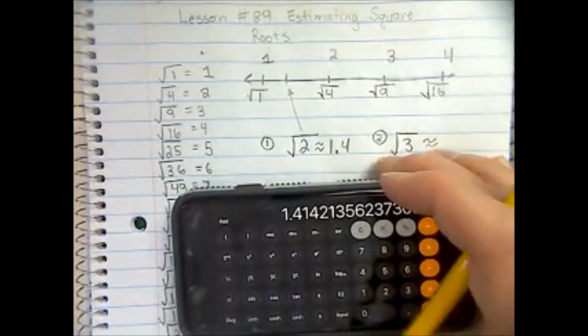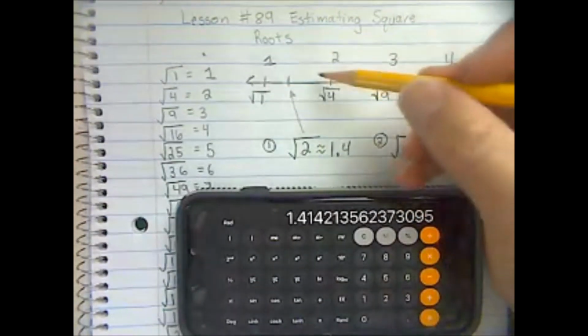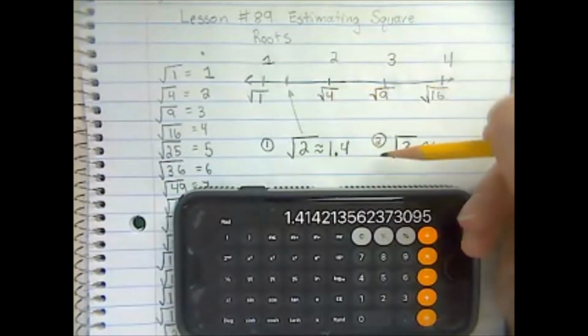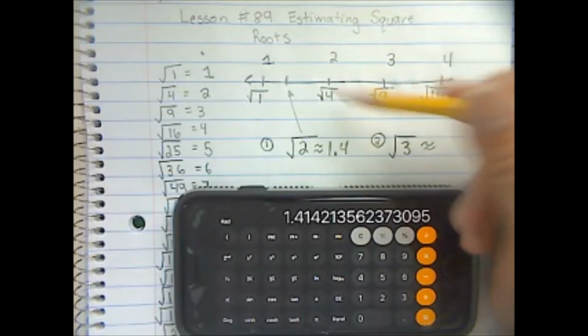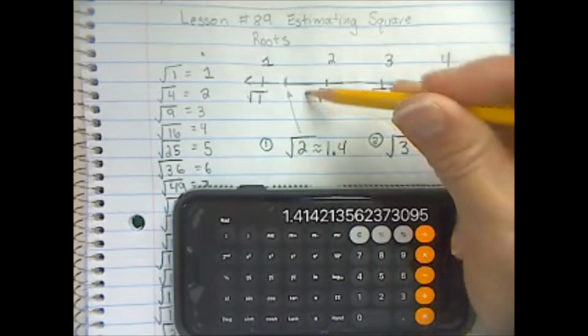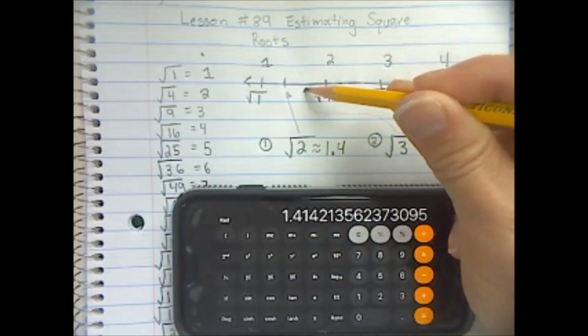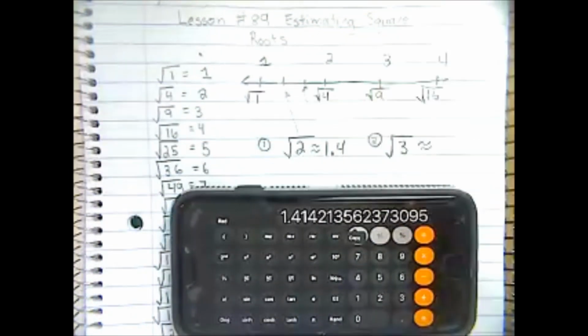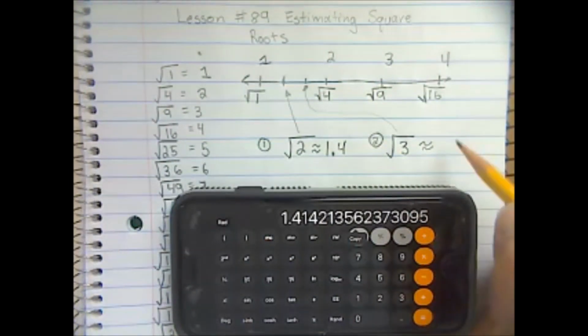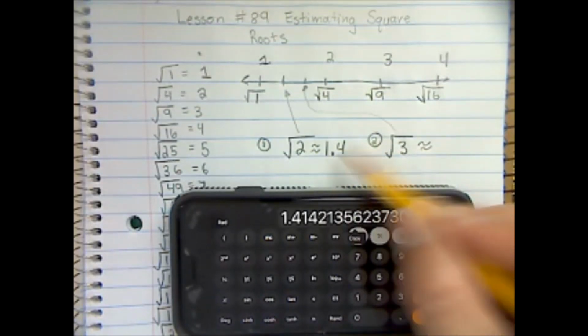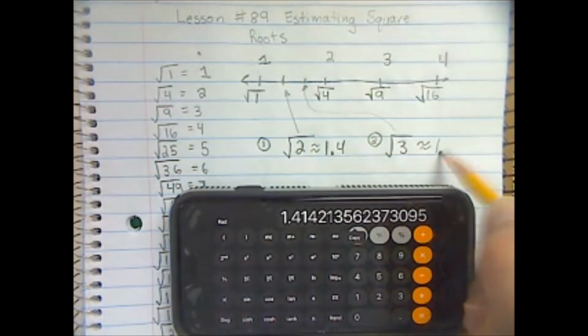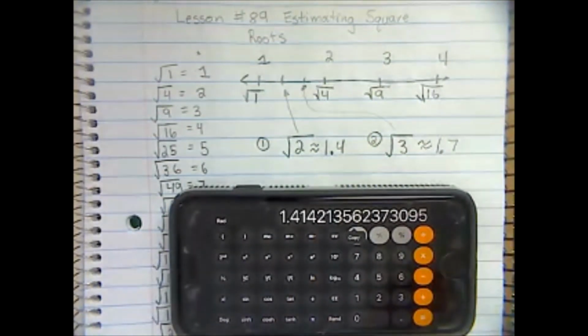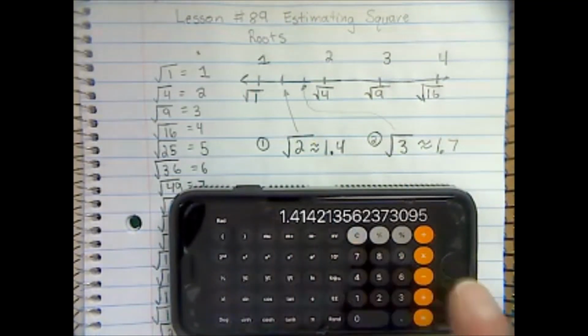Let's see how close we can get for 3. Square root of 3 is not bigger than square root of 4. So it's going to come in probably closer to about there. So let's guess that one. Let's say this is going to be bigger than 1 4/10. Let's say 1 maybe and 7/10. I could be wrong. Let's just estimate it.